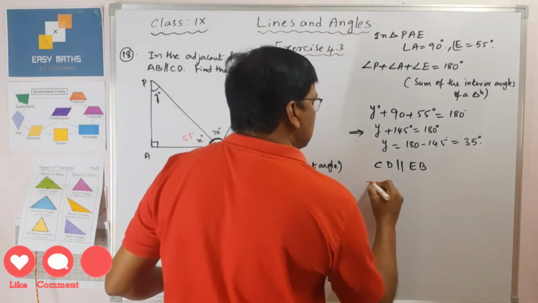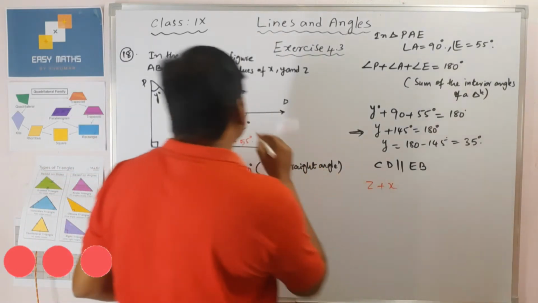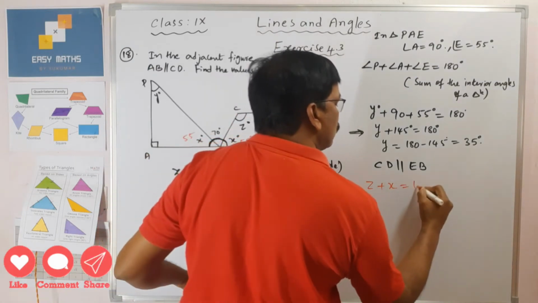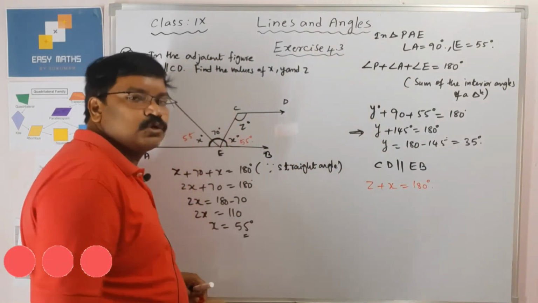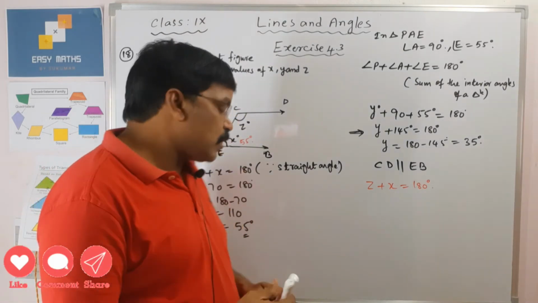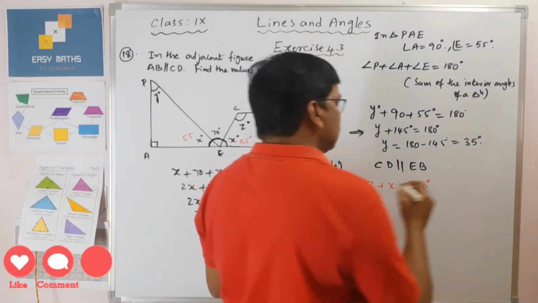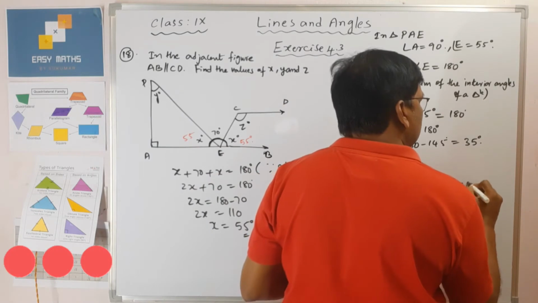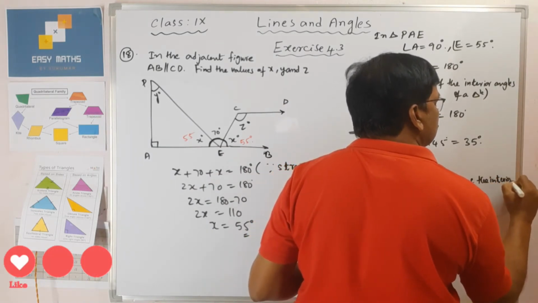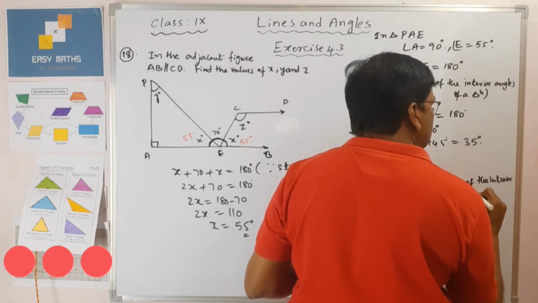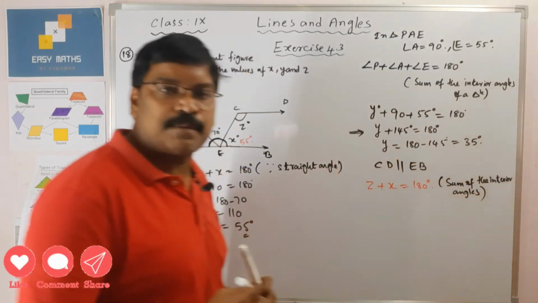Now here this Z plus X is equal to 180 degrees. The reason here is sum of the interior angles on the same side of the transversal. They are supplementary.